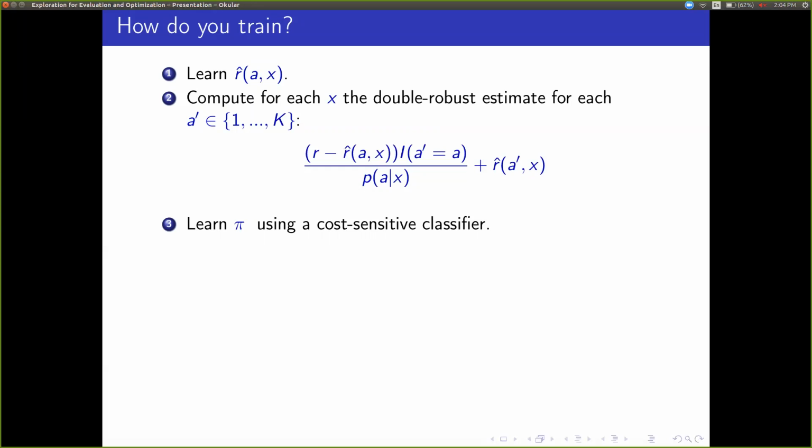Is that mapping clear? So the features map to the features. And then for every action a prime, we have to create a cost. The way we create that cost is by using the double robust estimate. The reward estimate can be formed in essentially an arbitrary fashion, but inside of VW, it's formed by building a regressor and predicting in a relatively naive fashion.